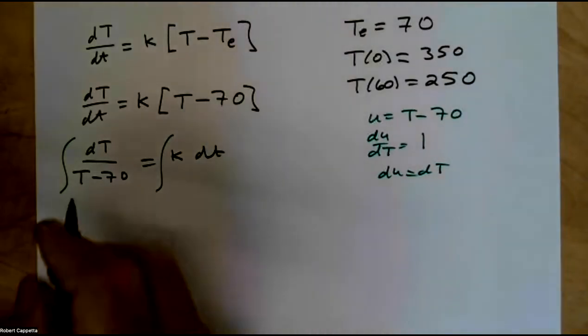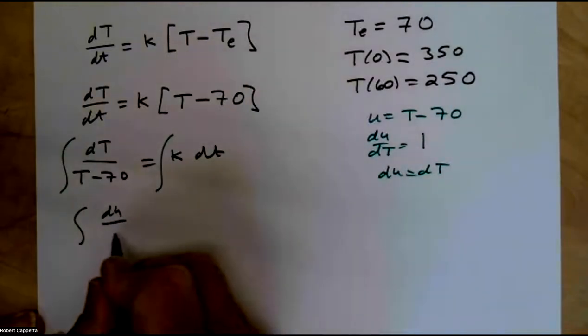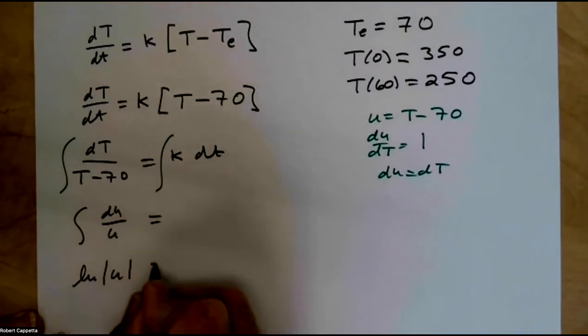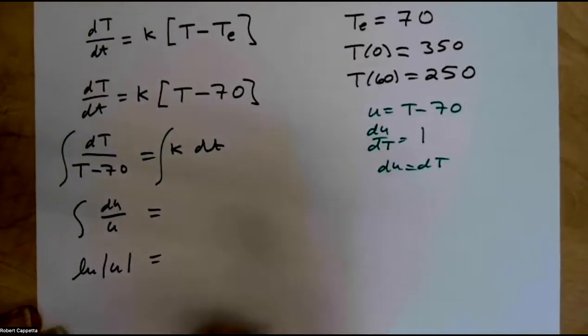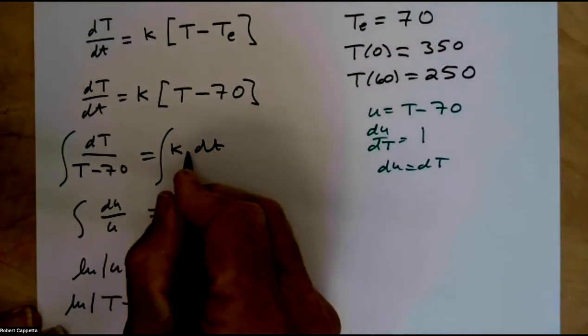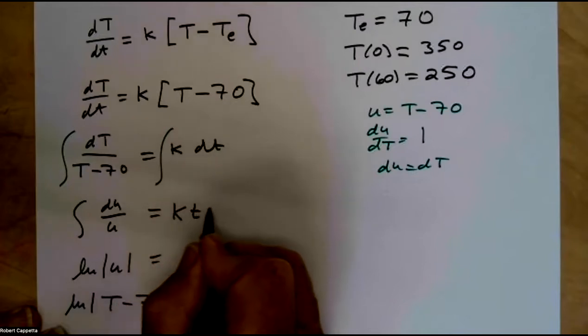And over on this side, what do we get? dT is du, T minus 70 is little u, which of course is the integral of 1 over u du, or log absolute u, which would be log absolute T minus 70. What do we have on the other side? The integral of k would be kt, or kt plus C. We need a C somewhere.